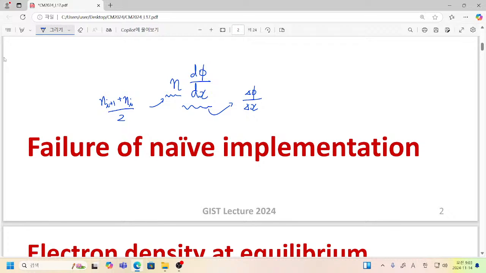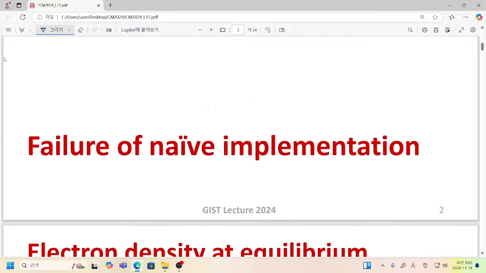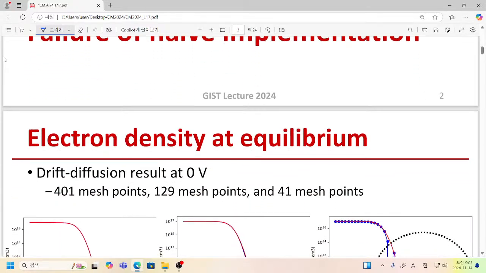Now I hope that you have some simulation results, and if you do it correctly then you are able to calculate IV characteristics. But please have a look at this one.